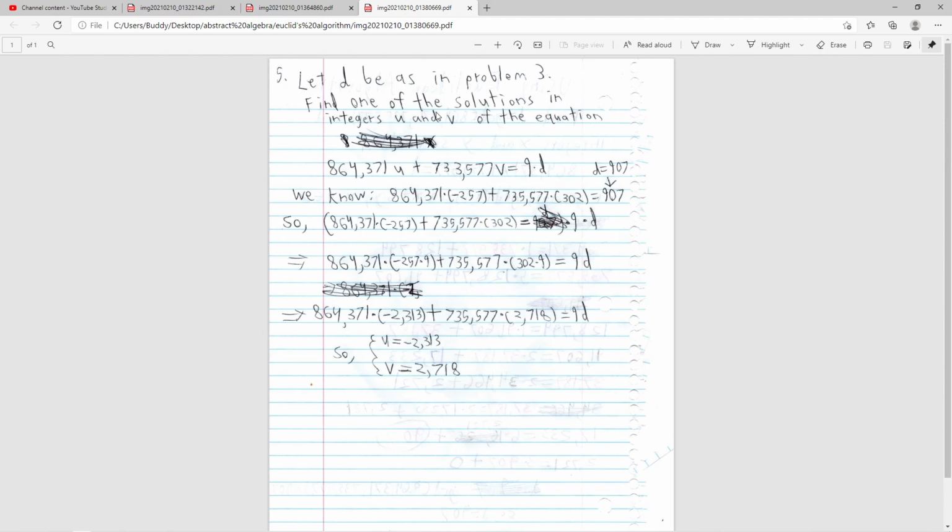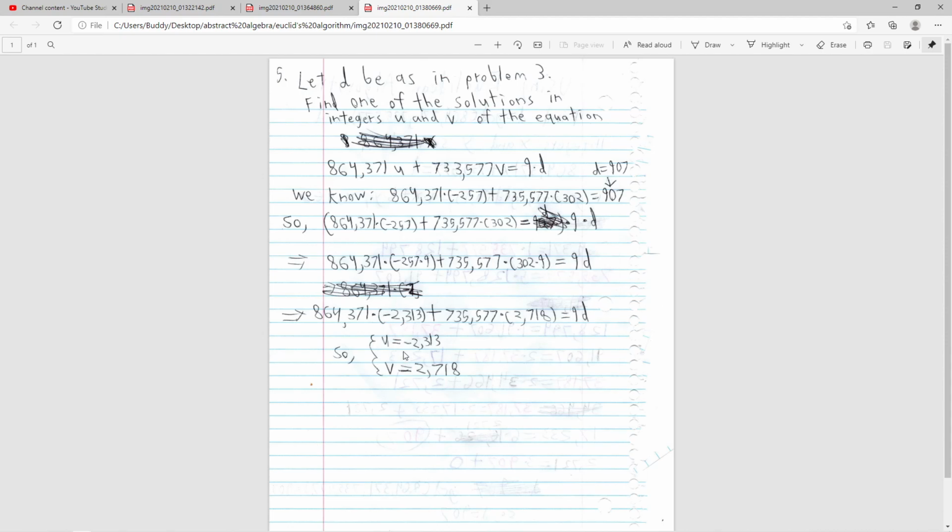Let d be as in problem 3; find one of the solutions in integers u and v of the equation. So you have u and v here, equal to 9 times d. Same basic setup. We know d is already 907, and we know the x and y factors that equal 907. So 9 times everything gives you 9 times d equals this times 9 times negative 257 plus this times 302 times 9.